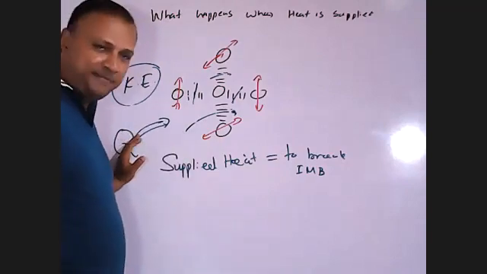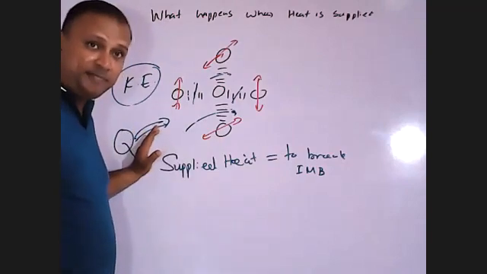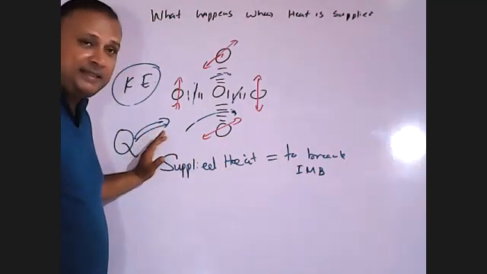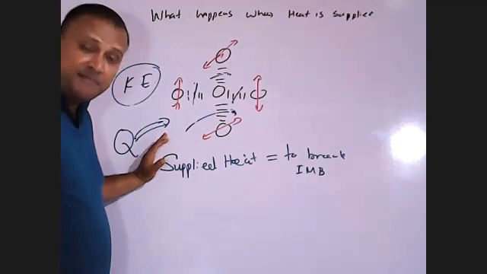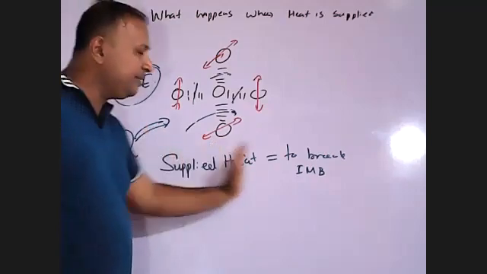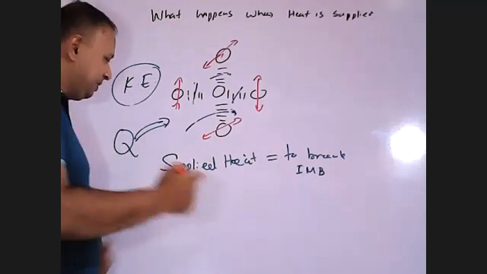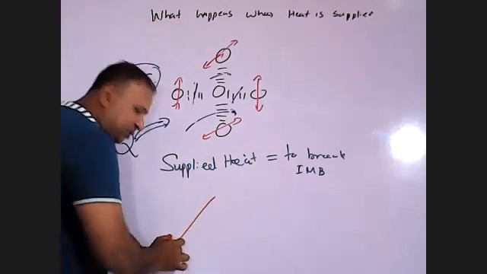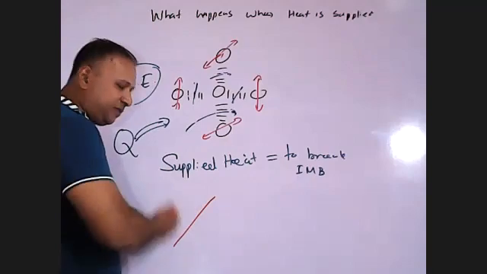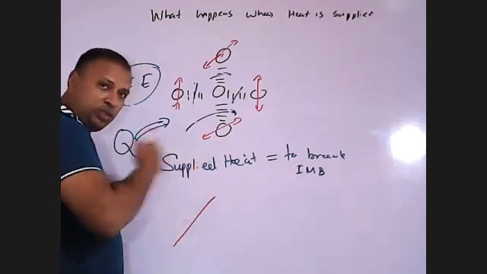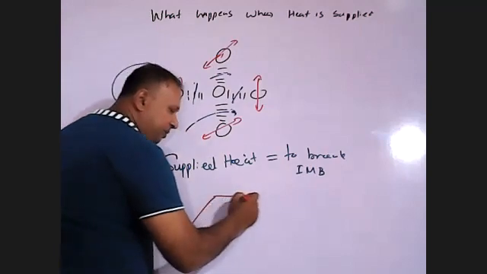The heat supplied during this phase change is called latent heat because there's no temperature increment during that period. Temperature increases with supplied heat, but during that stage, temperature remains constant.